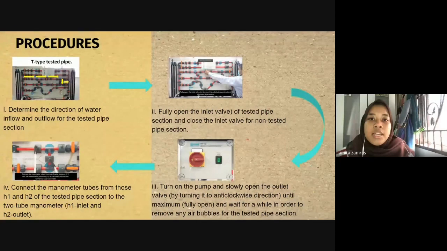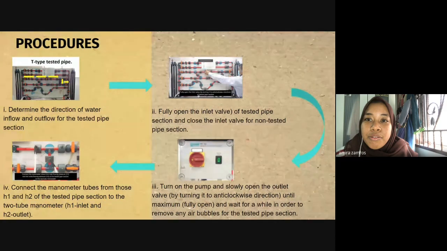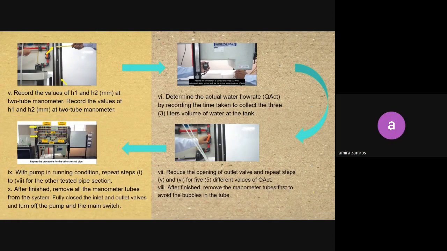Then we need to connect the manometer tubes from H1 and H2 of the tested pipe section to the two tube manometer, which is H1 inlet and H2 outlet. Next, record the values of H1 and H2 in millimeter at the two tube manometer.